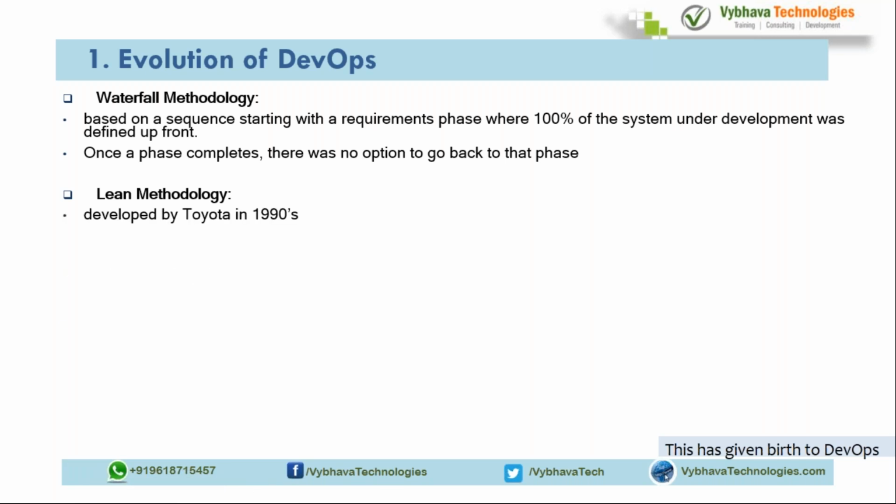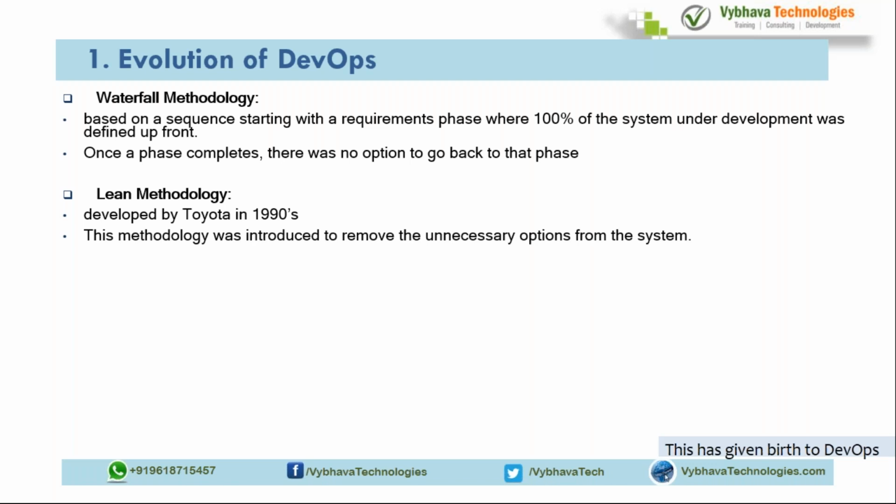To look into alternative options, new methodologies came up, and a lot of different methodologies evolved and went out. Out of those, the lean methodology was developed by Toyota in the 1990s. Sorry, Toyota Motors, not Tata Motors.